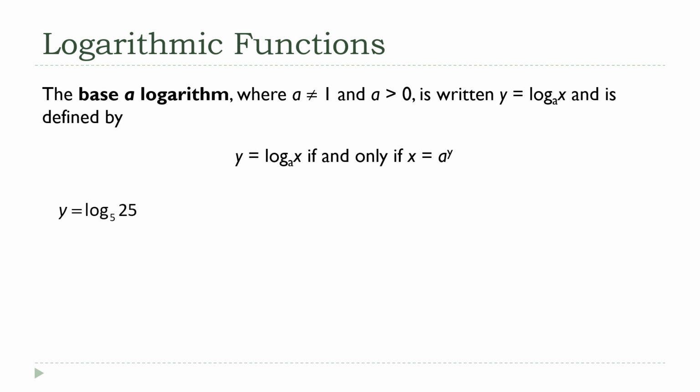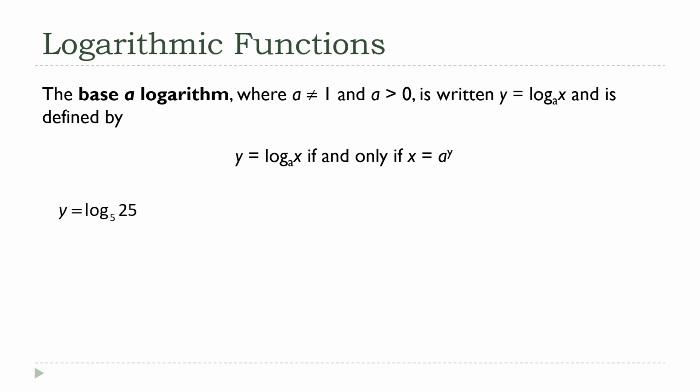So let's say I have something like y equals the log base 5 of 25. Well, look at what the definition says. The definition says y equals log base a of x is equivalent to x equals a to the y. Okay, so let's make that switch. I'm going to keep the bases the same.